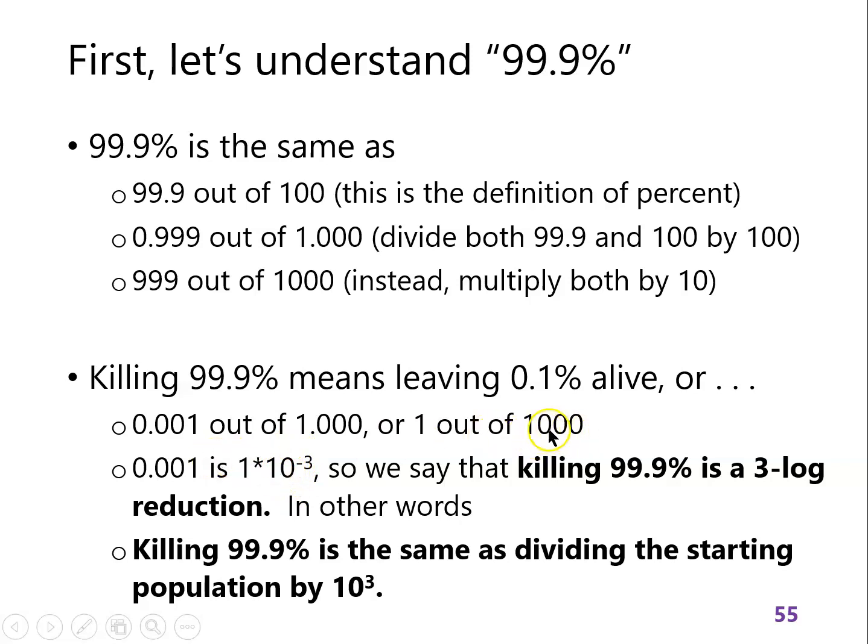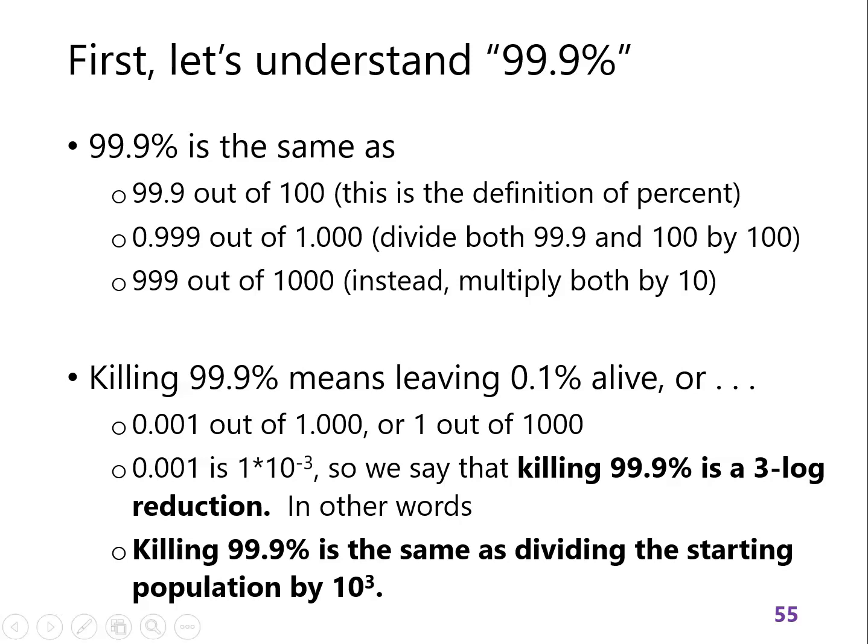So 1,000 is 10 to the third power, 1 is 10 to the 0 power. So to go from this to this, it's 10 to the minus 3. So, okay, even if none of that made any sense, what should make sense is that killing 99.9% is a 3 log reduction. In other words, it's the same as dividing the population by 10 to the third power.